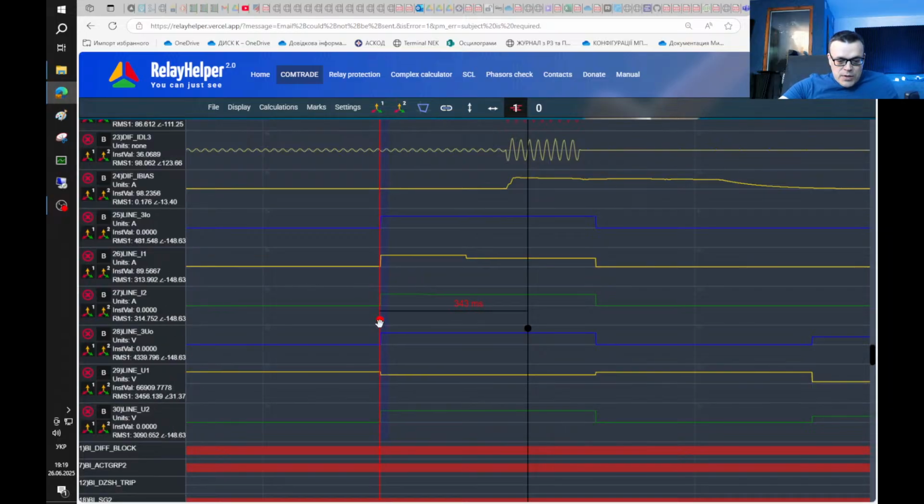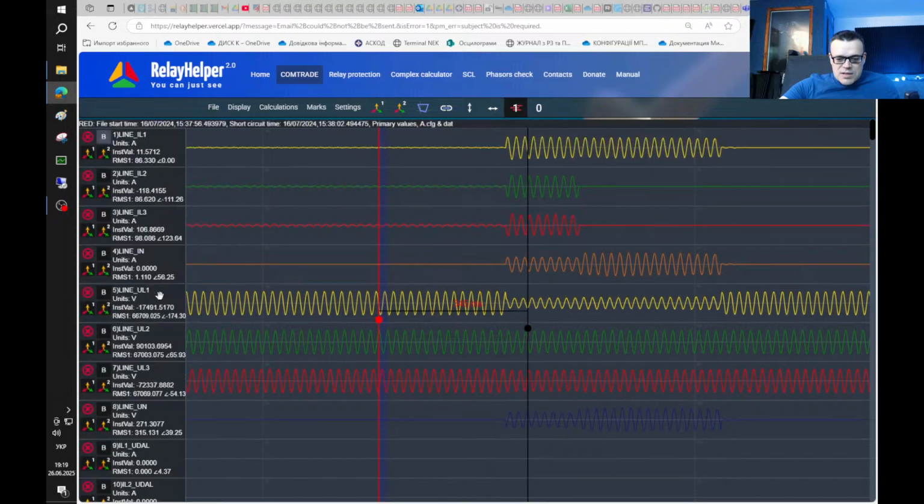And if we put a cursor on the start of the zero and negative sequence, we will see that it starts more than 300 milliseconds before the current appears.